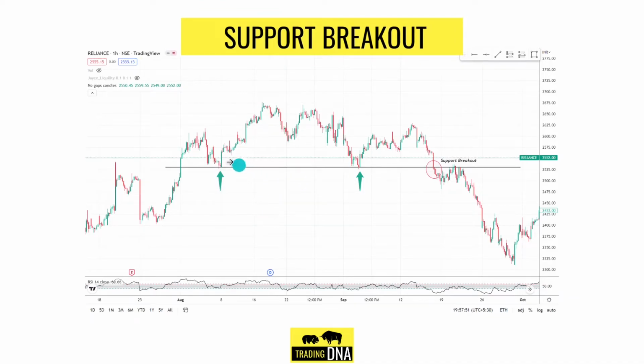Now what if these support levels got broken? There are chances it might break or may not. Now look at this zone. When the price reaches this support level, the demand for the product gets high and the price went up. Once again the product came to this support zone and the demand got higher and it went up.